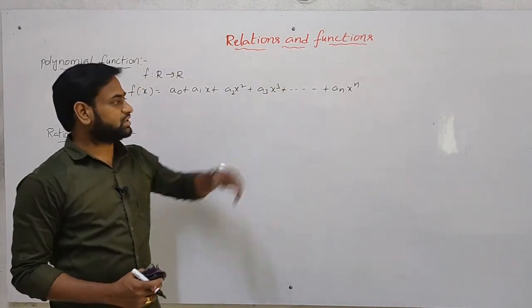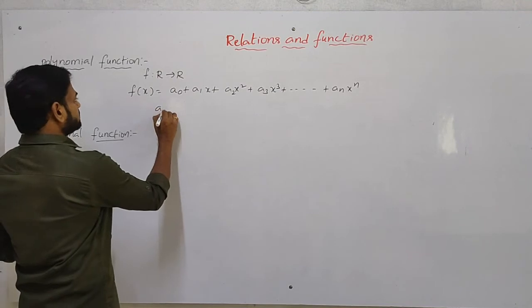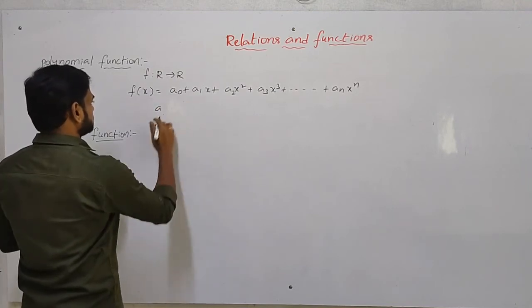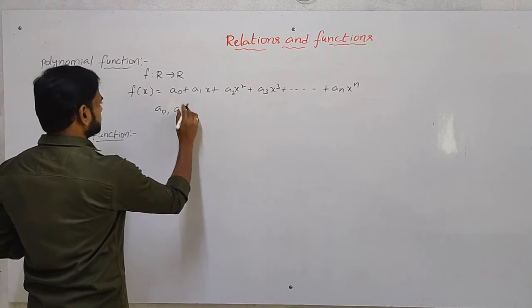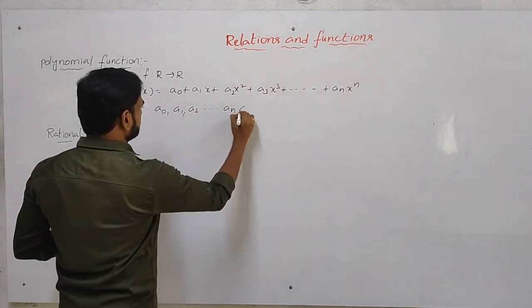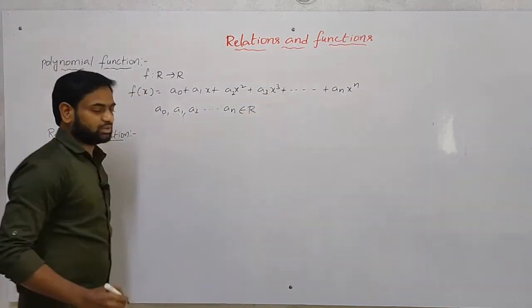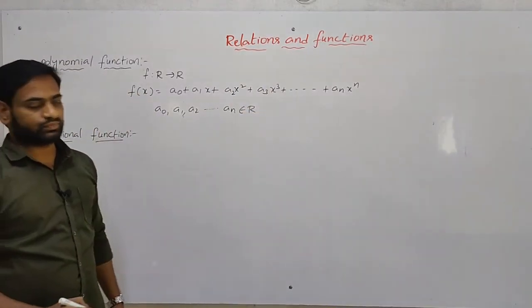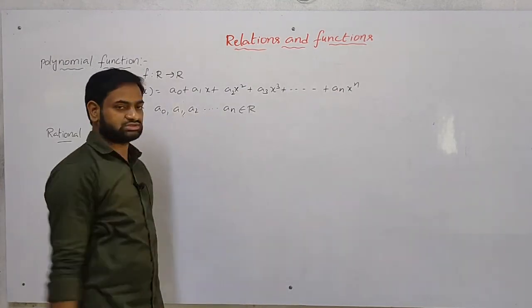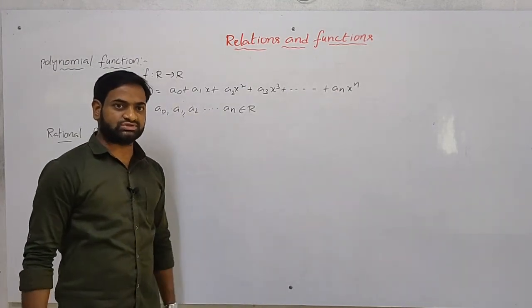Non-negative integer, and here a0, a1, a2 and so on up to an, these all belong to the real numbers. These are the constants a0, a1, a2 and so on an. These belong to real numbers.